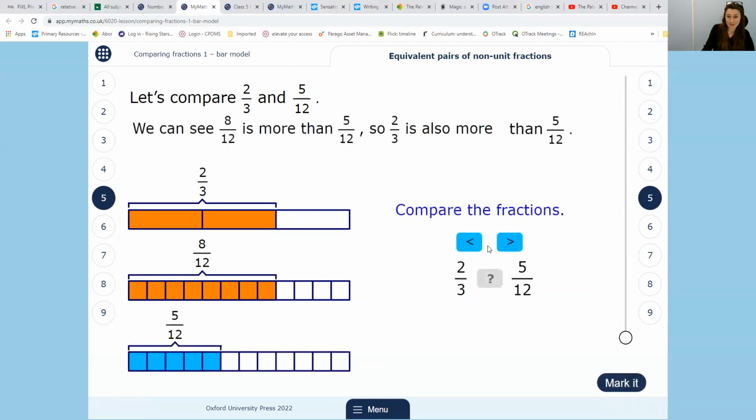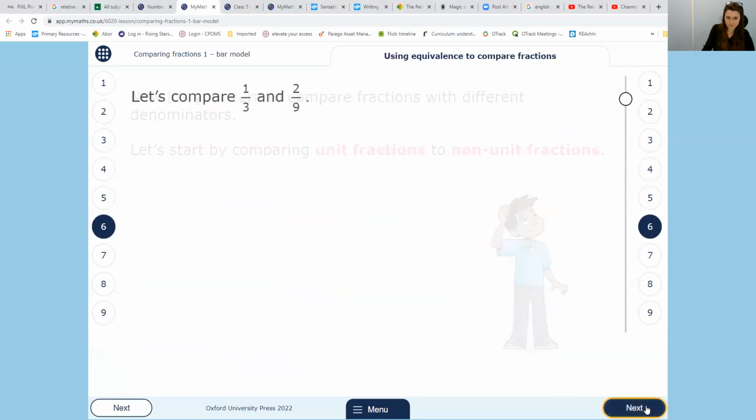Okay, hopefully you got that. 5/12 is smaller than 2/3. So I found my equivalent fraction, then I compared it. Oops, I put them around the wrong way though. There we go.